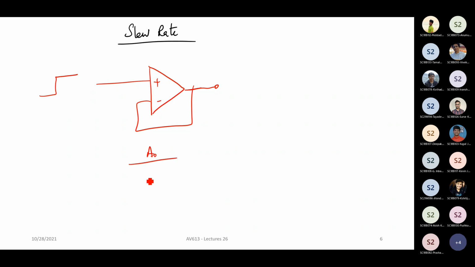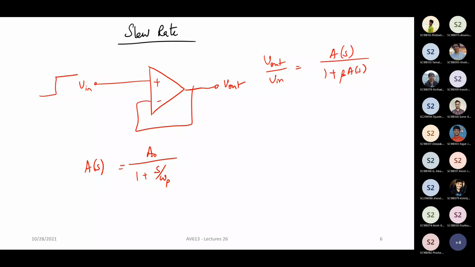So you have A0 divided by (S over omega P plus 1). This is the open loop transfer function of your op-amp. Now let us say you put it in unity gain feedback. How will this Vin to Vout transfer function look? It can be written as A(S) divided by 1 plus beta times A(S). Here beta is 1, unity gain feedback, so it becomes A(S) divided by 1 plus A(S). If you do this, what do you get?